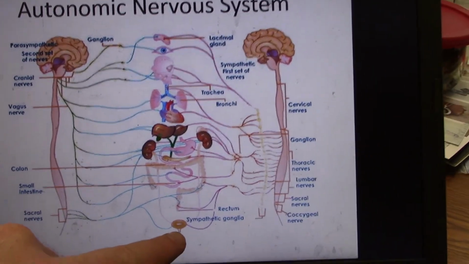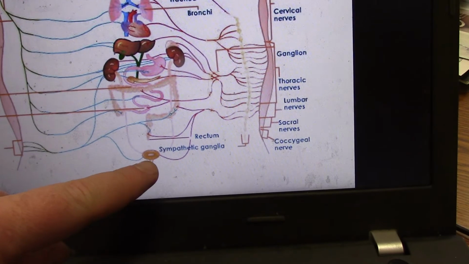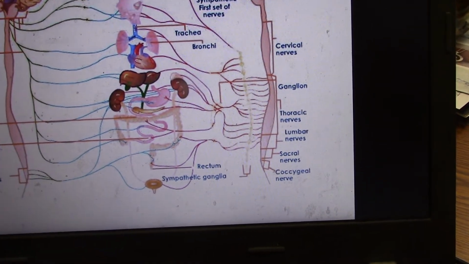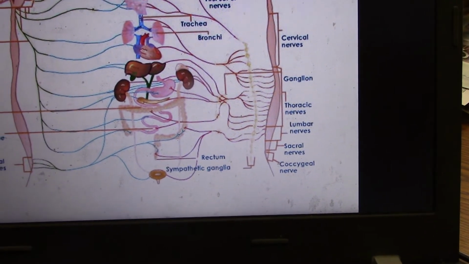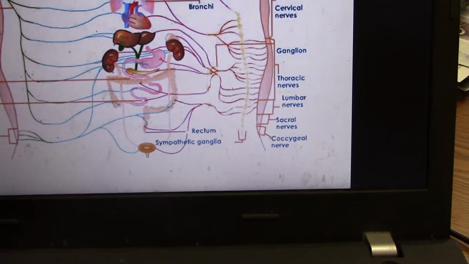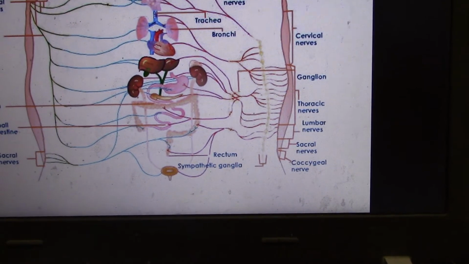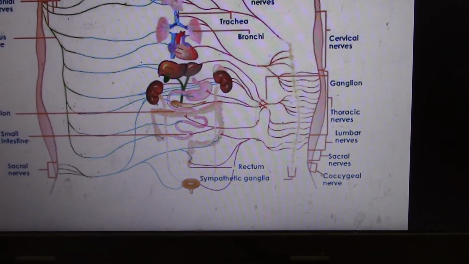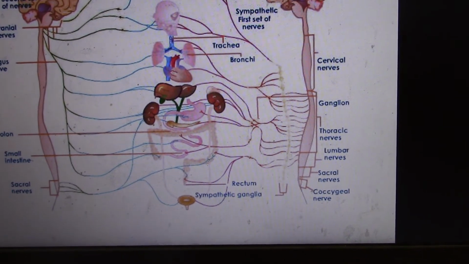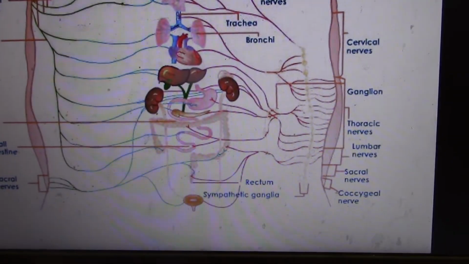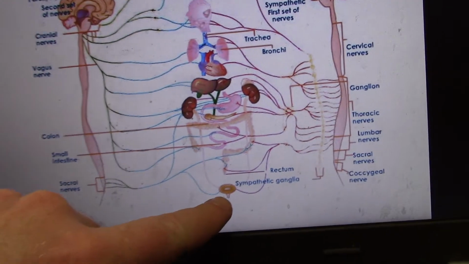We sort of have control over expulsion of wastes. So we can control whether or not we go to the bathroom, which is a good thing, right? I don't want to leave brown chocolate bars in my pants whenever I need to. I have to hold that sometimes, right? And the bladder too, we have control over, right?